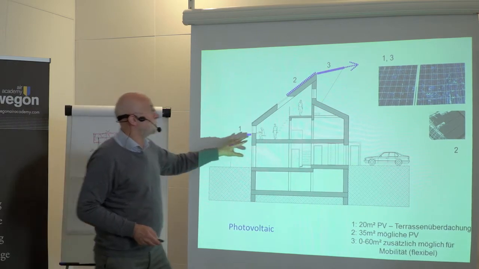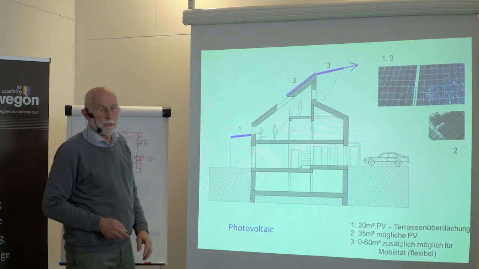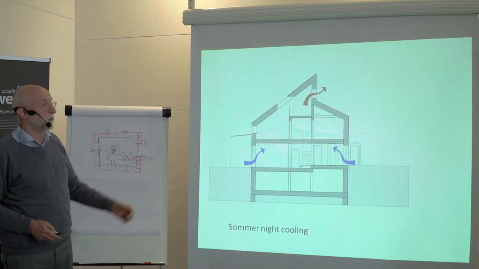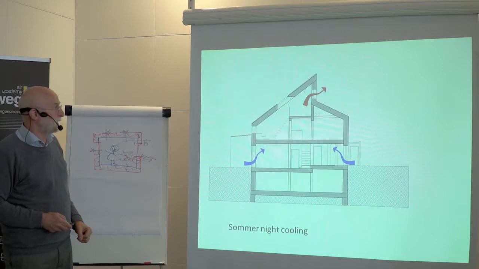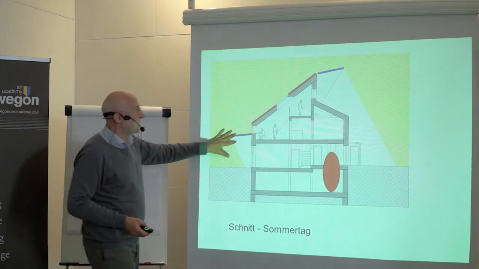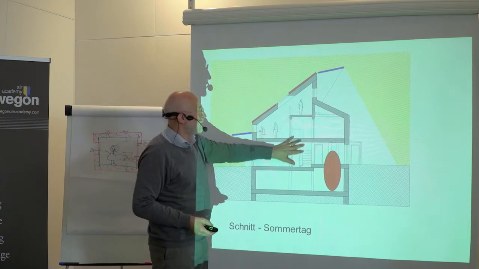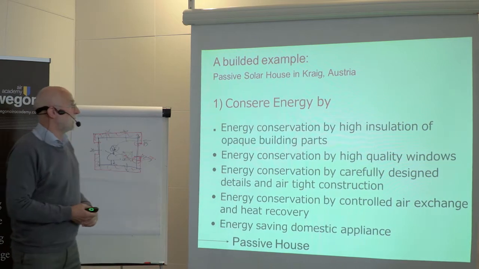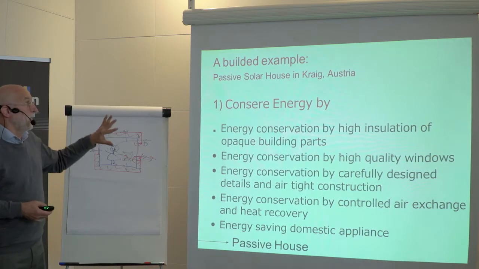And we can produce electricity by photovoltaics. And in summer nights, we can do some cooling by natural ventilation. And during daytime in summer, we have to protect the house so that no sun enters into the house to heat it up and make it inconvenient.